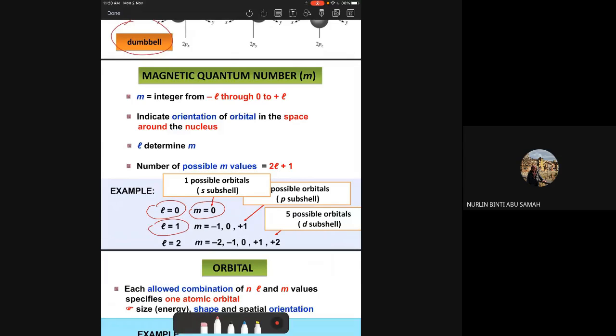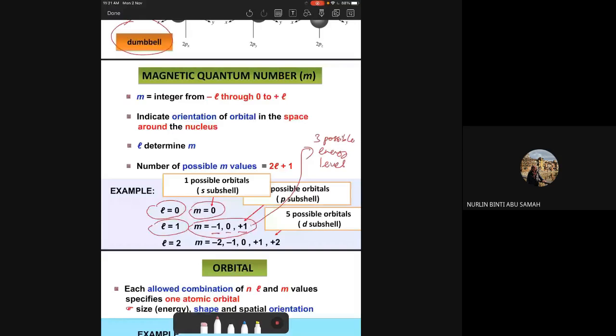Okay, so let's look at l equals 1. When l equals 1, the possible m values are negative 1, 0, positive 1. Why are these 3 values important? Because there are 3 possible energy levels, which represent the p orbital.